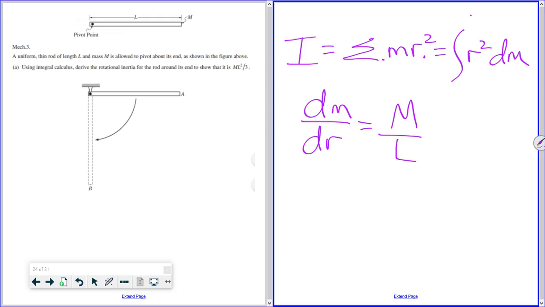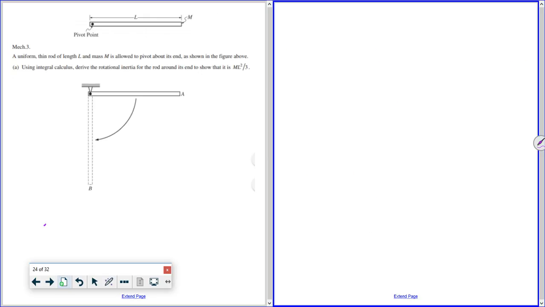Oh, so that means that dm is the same as mass over length dr. So here's what we just decided.